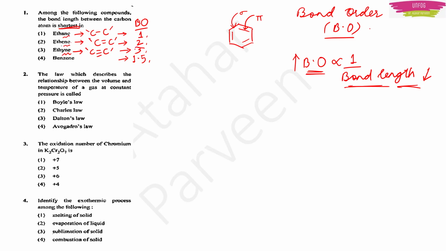The highest bond order here is 3, and that is for ethyne. So ethyne is the answer. Ethyne is written like this. It will have the shortest bond length between its two carbon atoms.